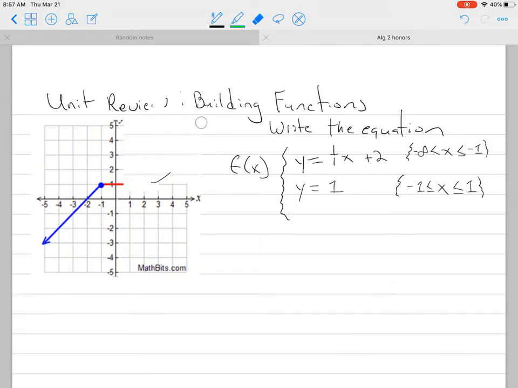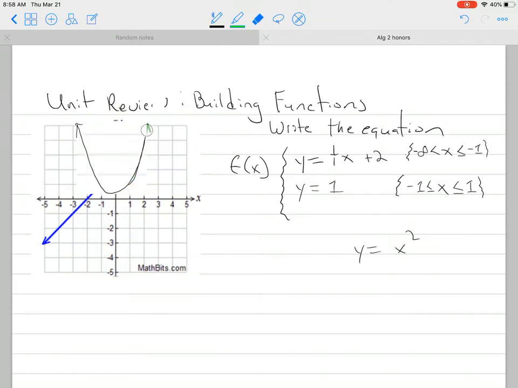Let's see. So I'm going to say that this is probably some piece of a parabola. It probably goes something like this. So I'm going to say it's y equals x squared. Now, problem with this is I need to actually test it.